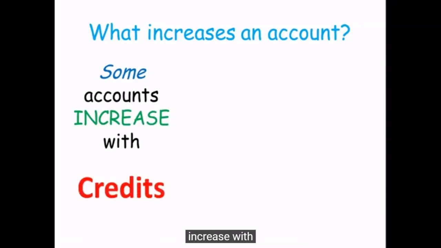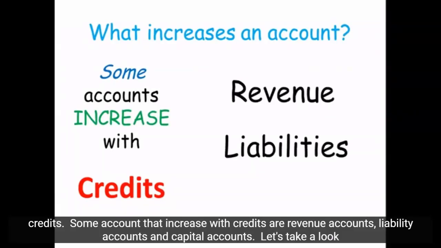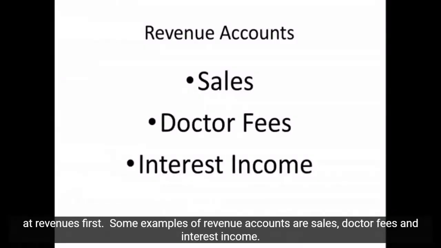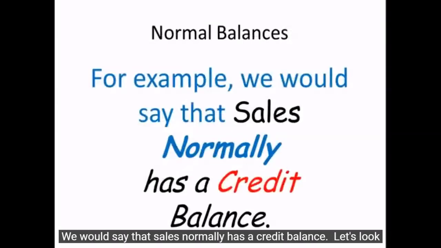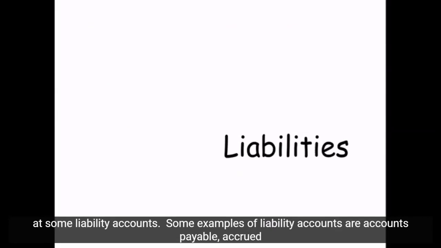Let's take a look at accounts that increase with credits. Some accounts that increase with credits are revenue accounts, liability accounts, and capital accounts. Let's take a look at revenues first. Some examples of revenue accounts are sales, doctor fees, and interest income. We would say that sales normally has a credit balance. Let's look at some liability accounts.